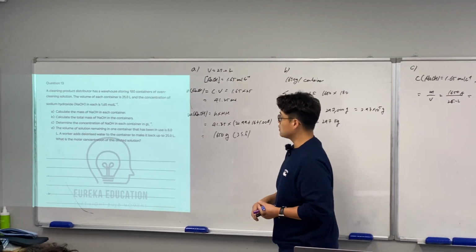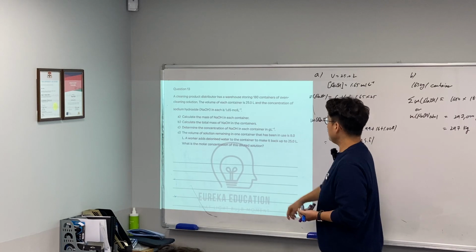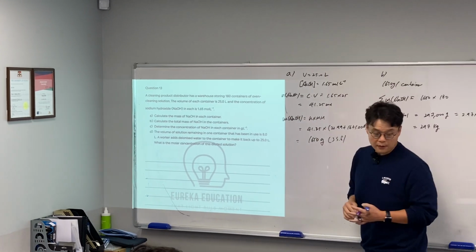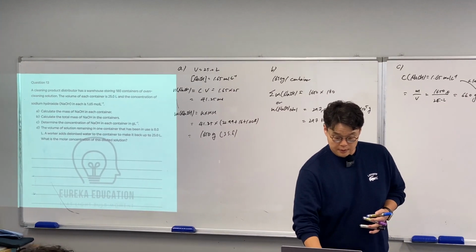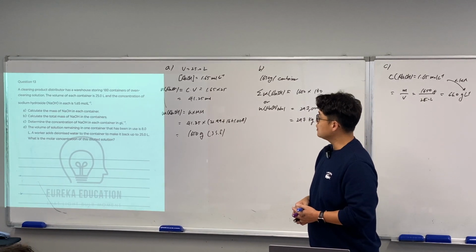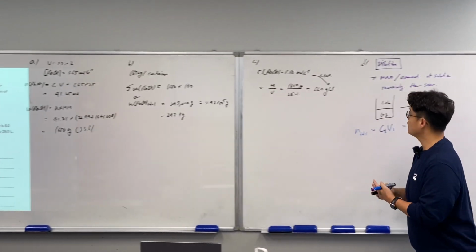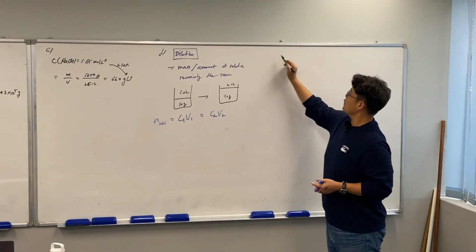So you've got to understand the question here. 8 liters have been left in the container, and the worker added water to make it back up to 25 liters. So you've got to think ahead.